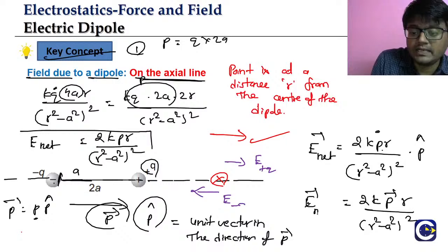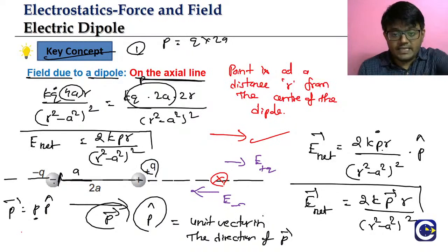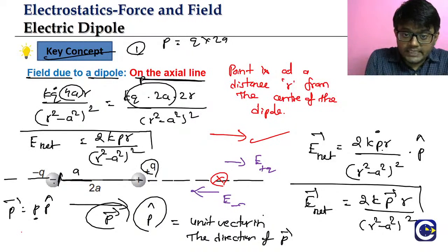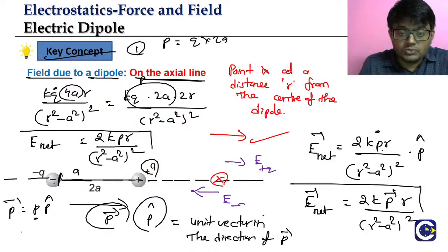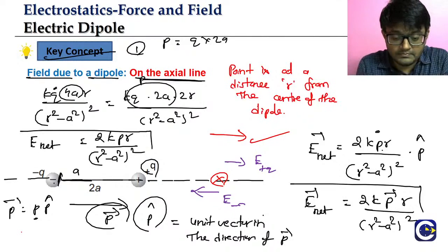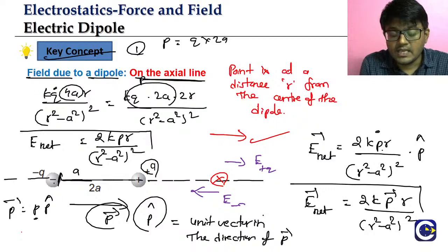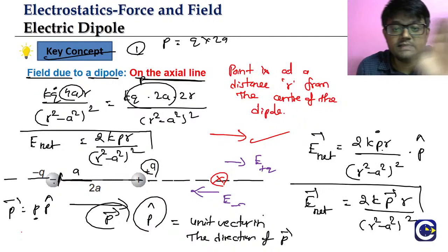This is the net electric field where? At a point on the axial line. Here, we have taken the point on the side closer to the positive charge. Otherwise, we can take a point on the other side also, at the same distance r from the center. Even then we are going to get the same answer.